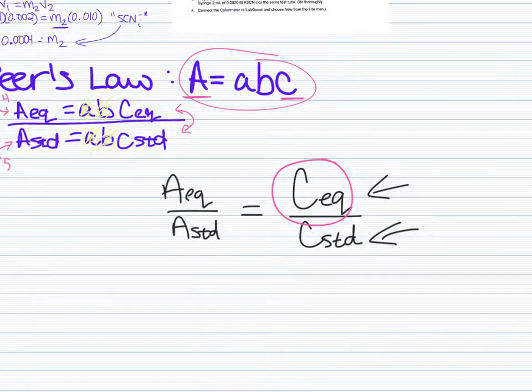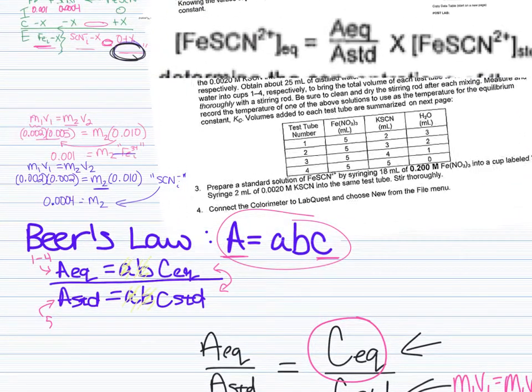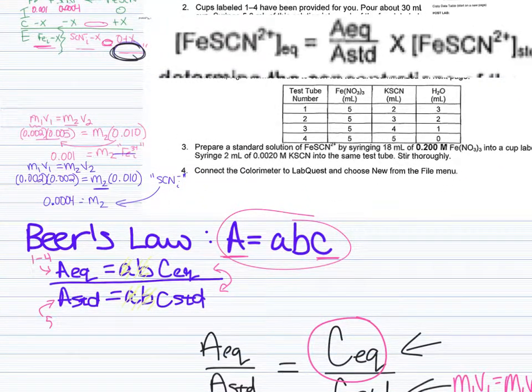Okay, the C standard right here is going to come from another dilution calculation. Call it a dilution calculation, but we're finding a new molarity, right? And if you remember from the procedures, you mixed 18 mL of the iron nitrate, which is 0.2 molar, and 2 mL of this 0.0020 molar KSCN.